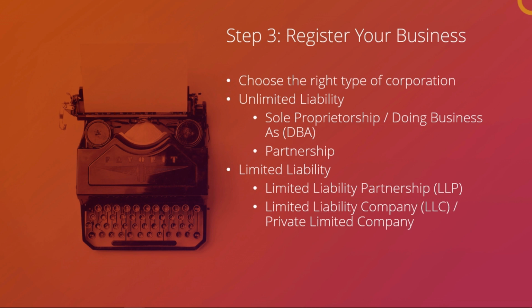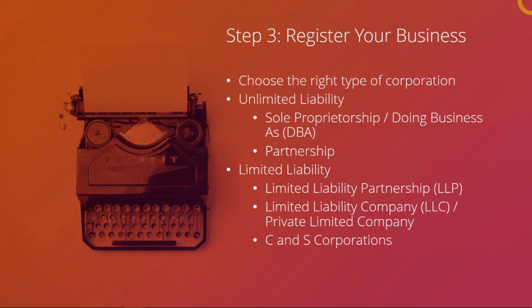One of the most common companies in the world is called LLC, limited liability company. In the US, for example, or in some other countries, it is well known as a private limited company, one of the most popular types of companies to incorporate.